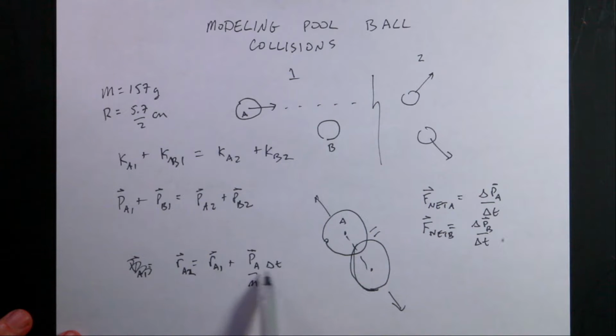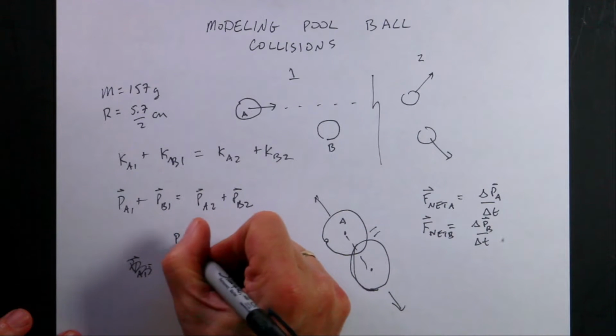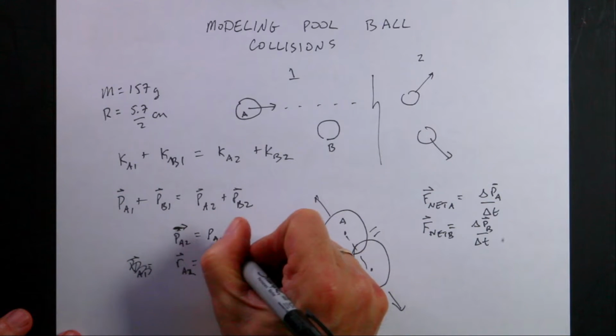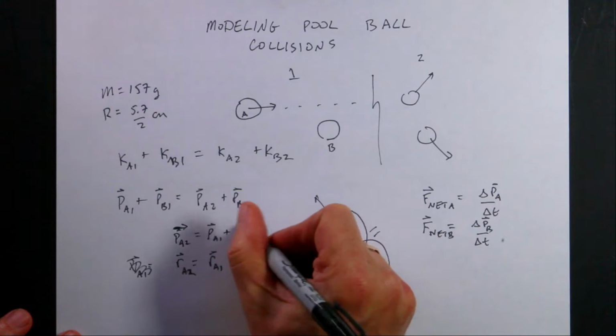And then I can do the same thing with the momentum from this. I can say PA2 equals PA1 plus FA delta T.